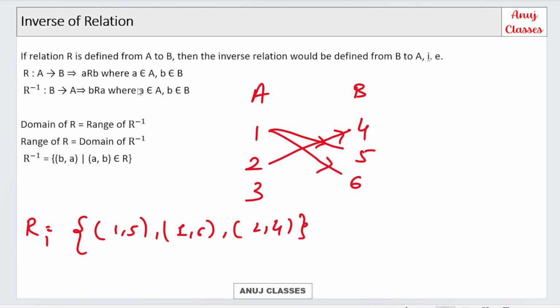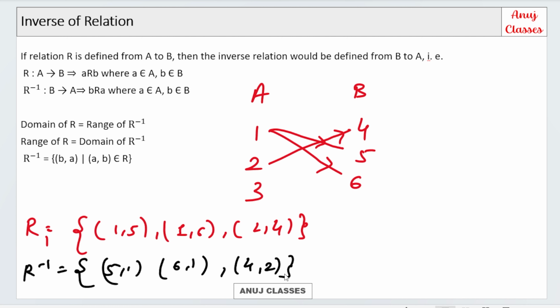So what is the inverse of the relation? The inverse of the relation is nothing but if we reverse the arrow diagram, and the resultant pairs which we receive will be the inverse of the relation. So here, if I have to write the inverse, it will become (5, 1), (6, 1) and (4, 2).